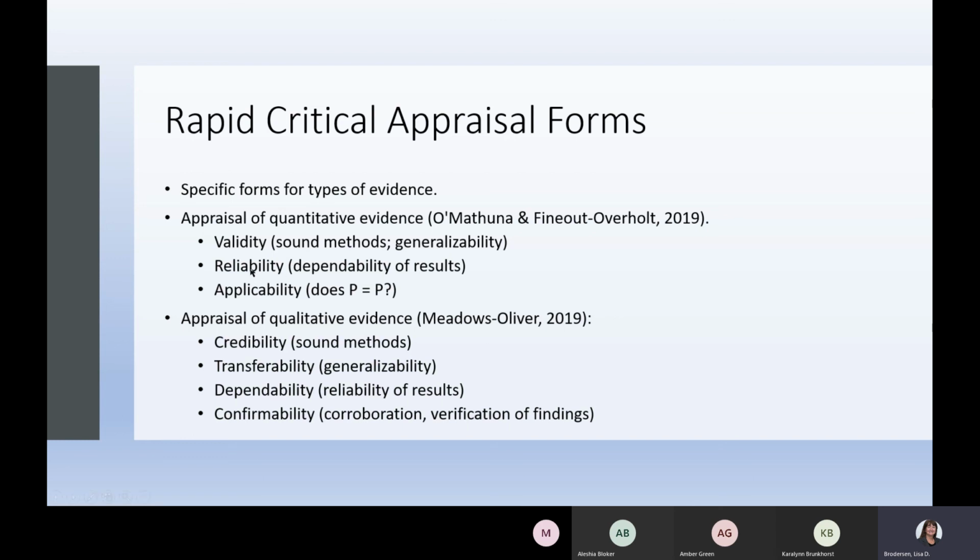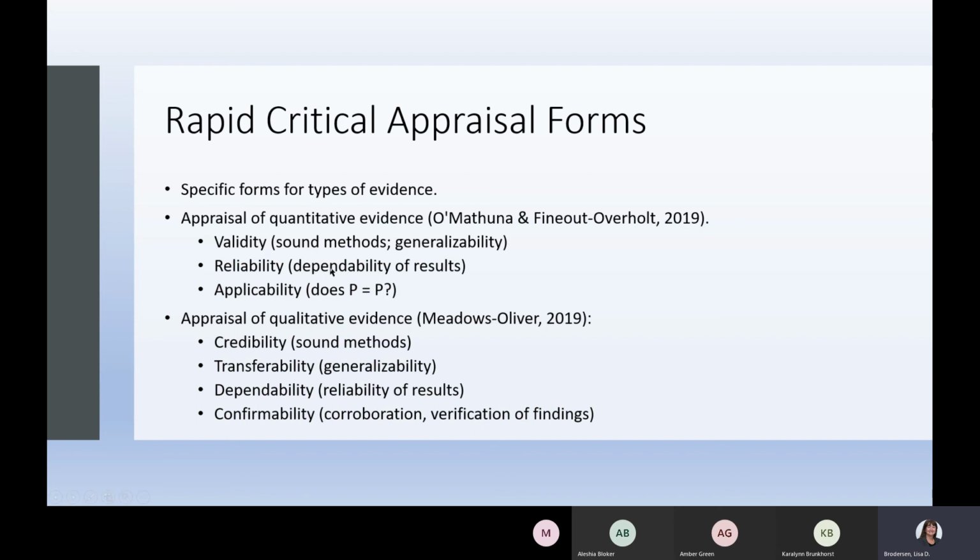And then reliability refers to the dependability of the results. Can the study findings be depended on to have the desired impact in practice?